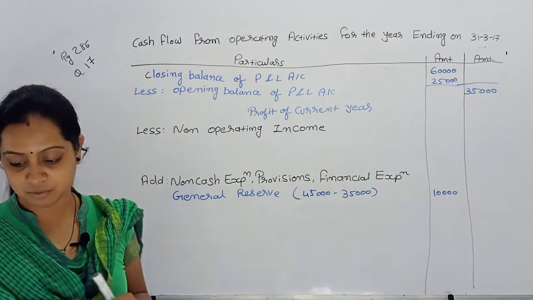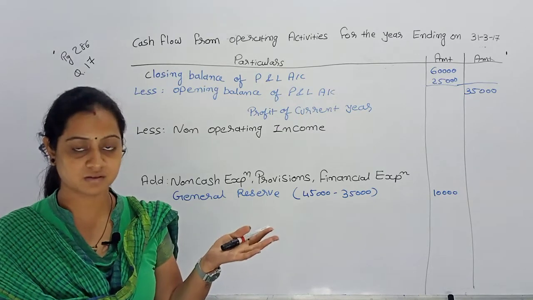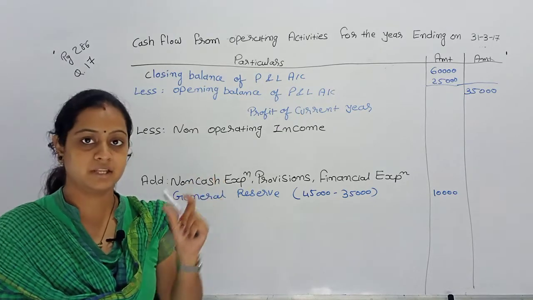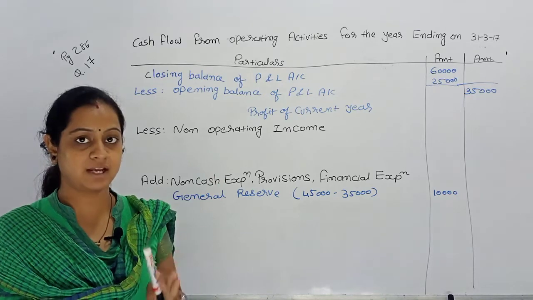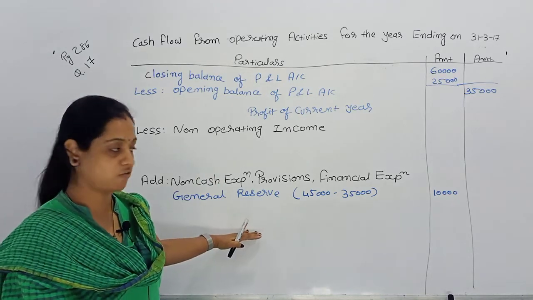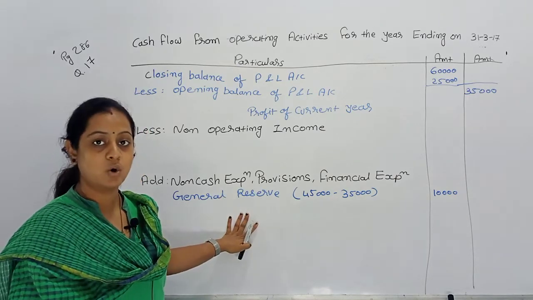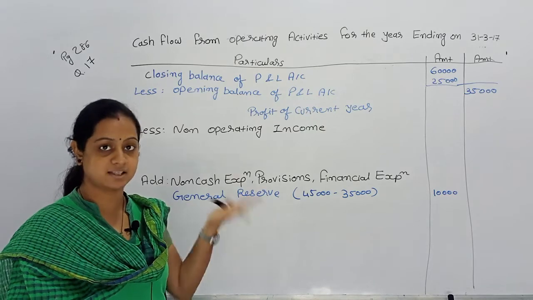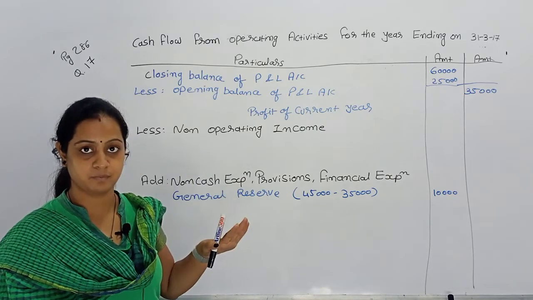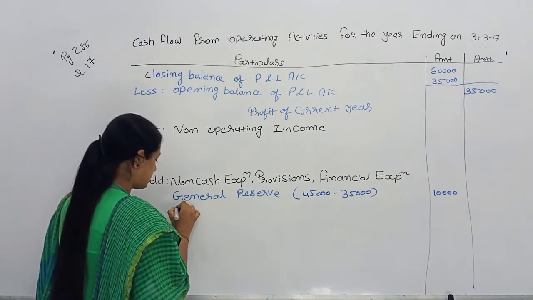Then comes taxation provision. See, I already told you in the previous sums that there is a different effect for taxation provision. That means the closing balance of taxation provision will come here, and the opening balance will come in the last as taxation paid, right? Don't forget that closing balance of taxation provision will come here.